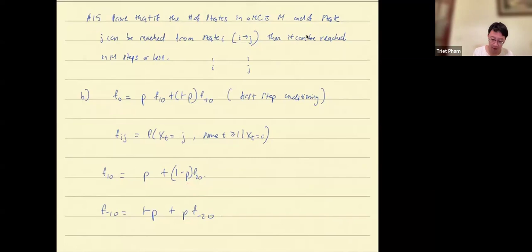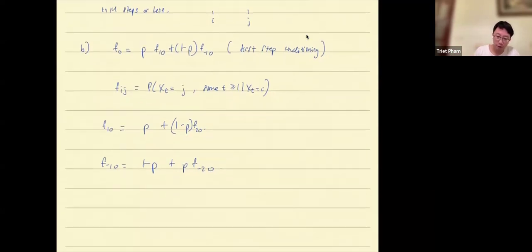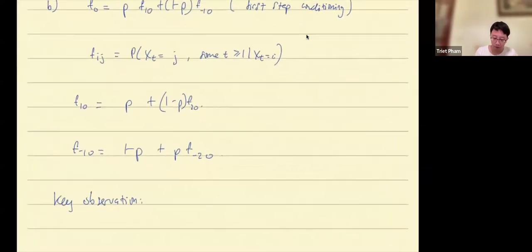First step conditioning seems to keep pushing you to the right and to the left. But the key observation in all of these businesses is the following: f(2, 0) will be f(1, 0) squared.